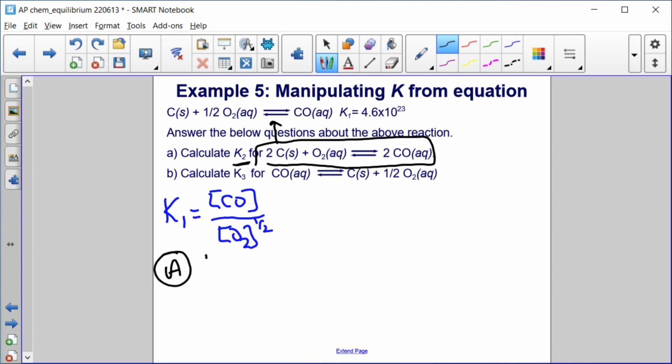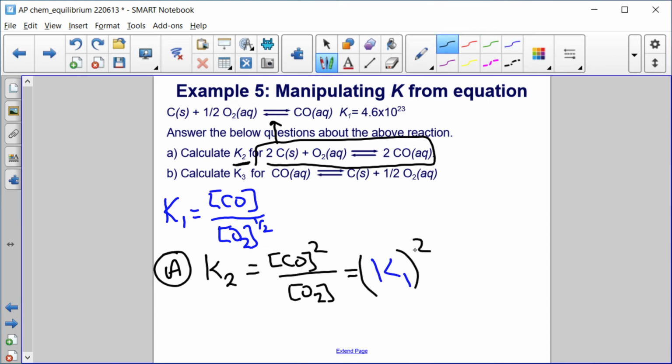But if I'm going to write the equilibrium expression for K2, I'll write concentration of CO squared over concentration of O2, right? So this is exponentially different from K1. This would be K1 squared. Just for emphasis, I'm going to substitute K1.